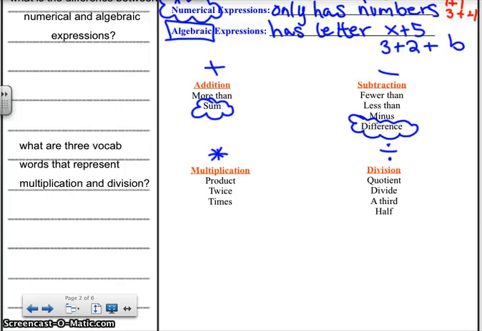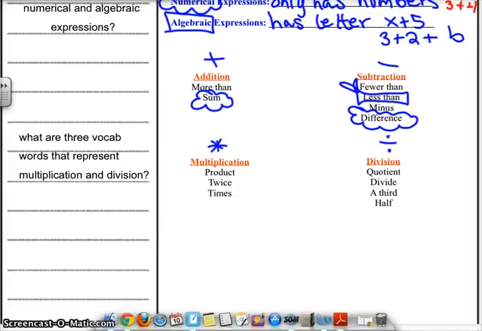Kind of a more generic one. So what do you think? Less than. Less than is the huge one that they use, and about 90% of kids get it wrong. Isn't that funny? You're like, what? It's just subtraction. Order matters for subtraction, though. So beware, they will try to trick you.